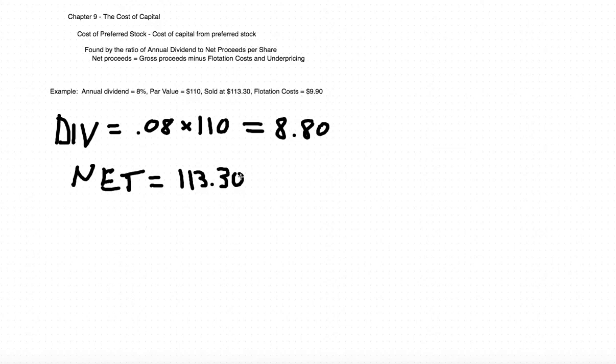So based on market conditions, we sold it for a little bit higher, sold it for a premium to par. And we want to subtract the flotation costs, or the costs that were incurred to the investment bankers who put the issue together. And that's going to give us net proceeds from the issue of $103.40.